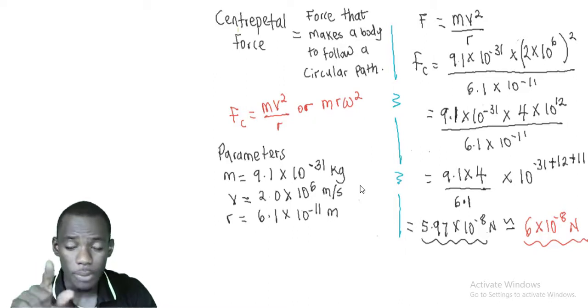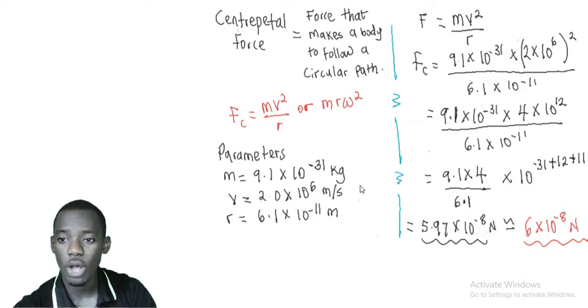If it is a plus below and it goes up, it becomes minus. So I have minus 31 plus 12, and the minus 11 below comes up as plus 11. If you divide 9.1 times 4 by 6.1, you get 5.97 times 10 to the power minus 31 plus 12 plus 11, which gives minus 8, Newton. And that is the solution.